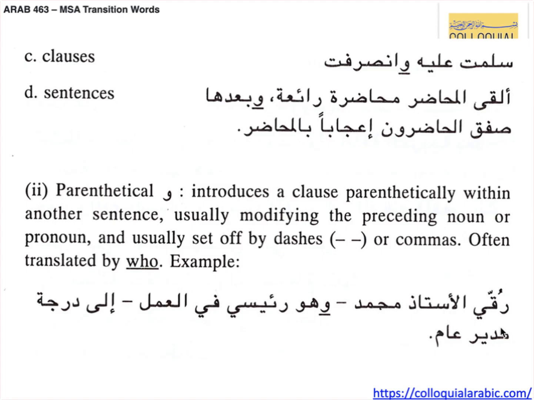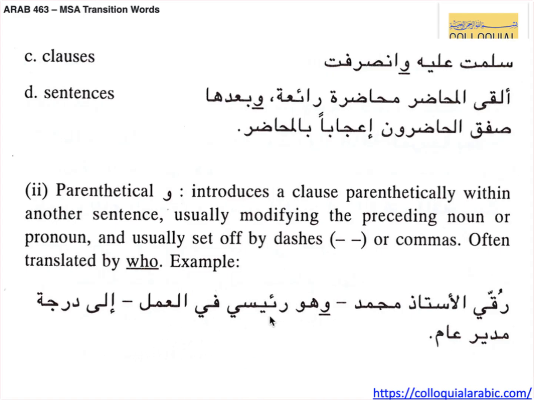For example, Rukia al-Ustad Muhammad, rukka tarakka. So it's for the progress, the advancement, the promotion. That the teacher Muhammad, before completing the sentence, to what level, what rank, what post he was promoted, there is a parenthesis over there which explains that the Ustad Muhammad is the head of the business department.